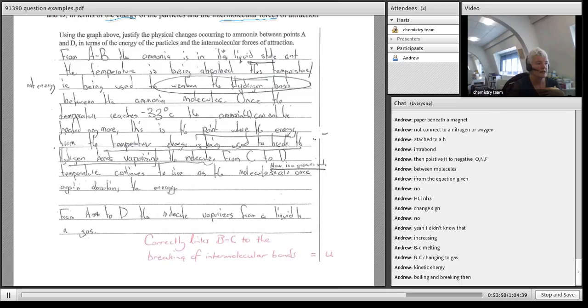Yeah, and they have also said vaporizing the molecule, so they are saying it is going into a gaseous phase. But they were not clear, so they did recognize that it was in a liquid state, so they did do that, and that's why it was underlined.